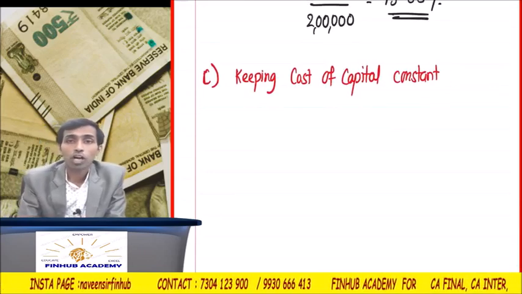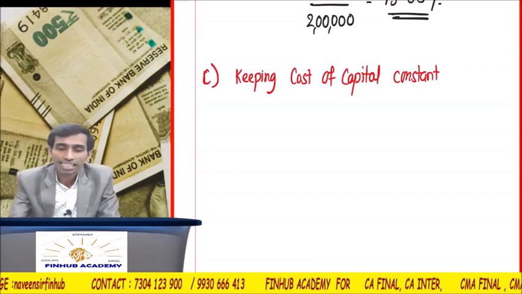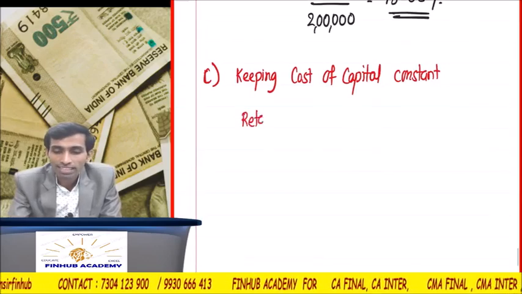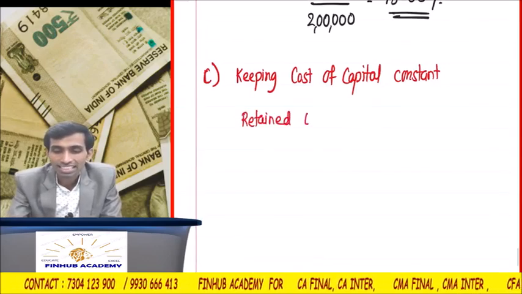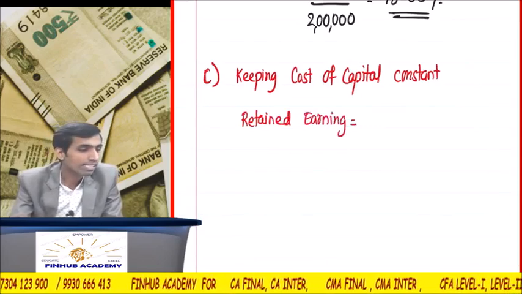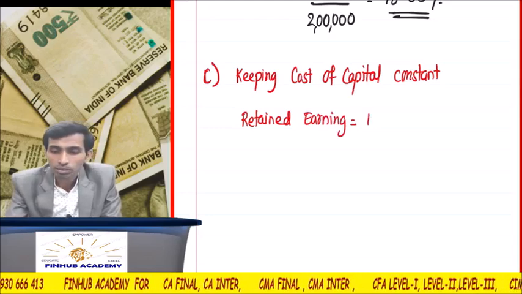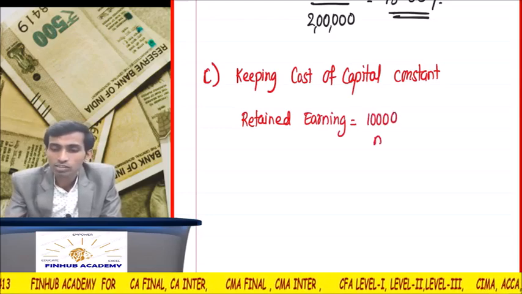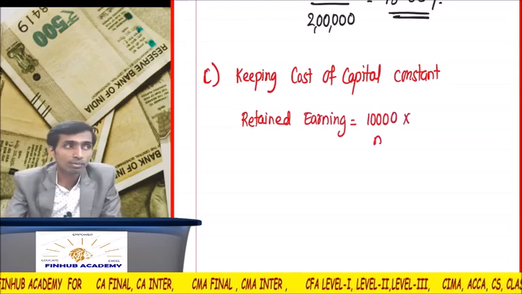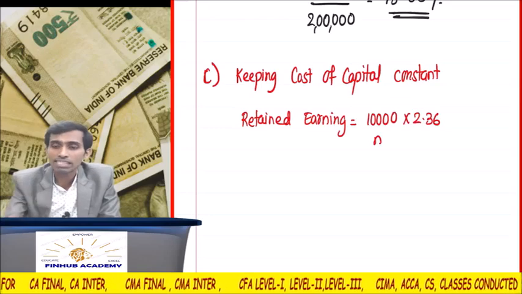What we can do is, how much money is available with me? Check retained earning. How will I calculate retained earning? The number of equity shares is 10,000, multiplied by EPS, which is 2.36. Out of this, 50% I will retain.